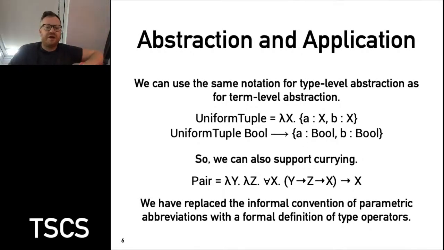That also means that we replace the informal convention of parametric abbreviations, like ref bool for instance, with a formal definition of type operators. What we basically do here is clean up our language a lot by defining what we mean when we write things like uniform tuple bool. We do not need to encode that into the actual syntax of the language. We can leave that open.